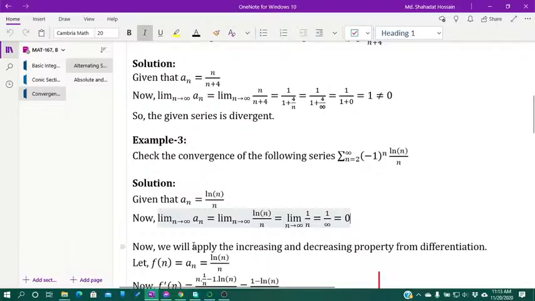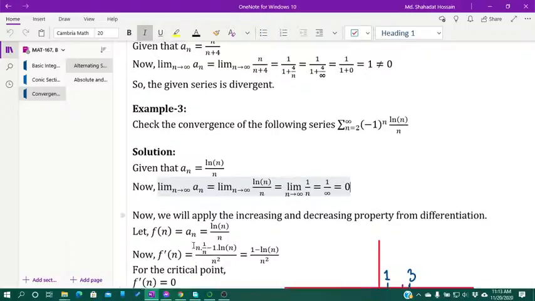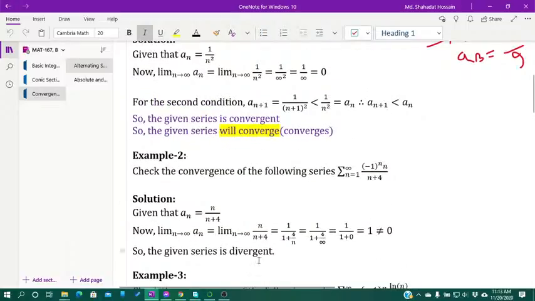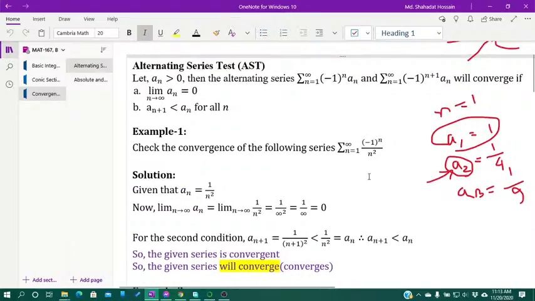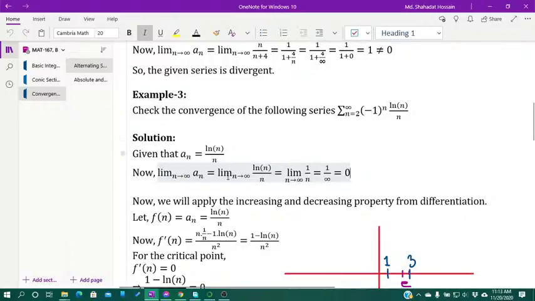Now we will check the second condition, that is whether the series is decreasing or not. In the above examples, it was easy to check the decreasing or increasing nature of a series, but for the third example it is not so easy. So we have to apply the concept of increasing and decreasing property from differentiation.